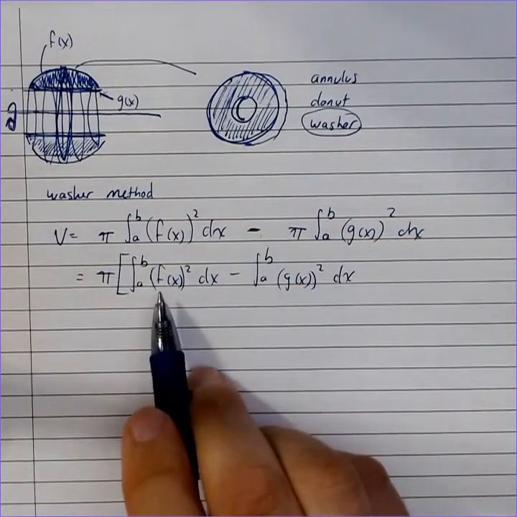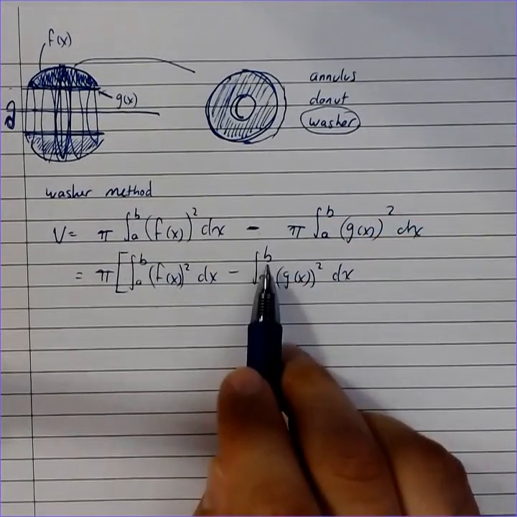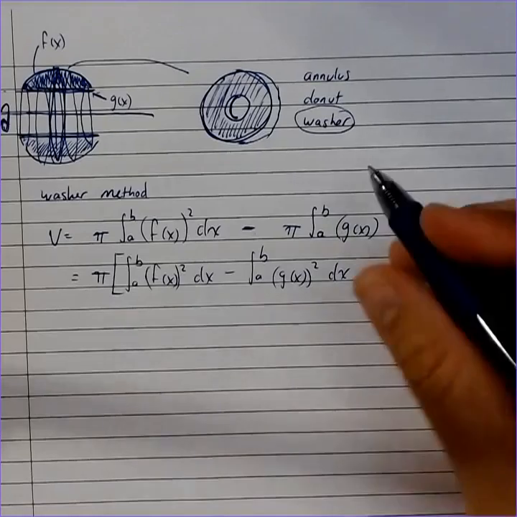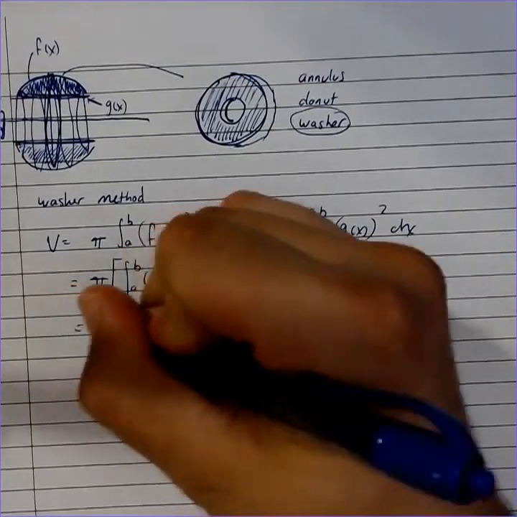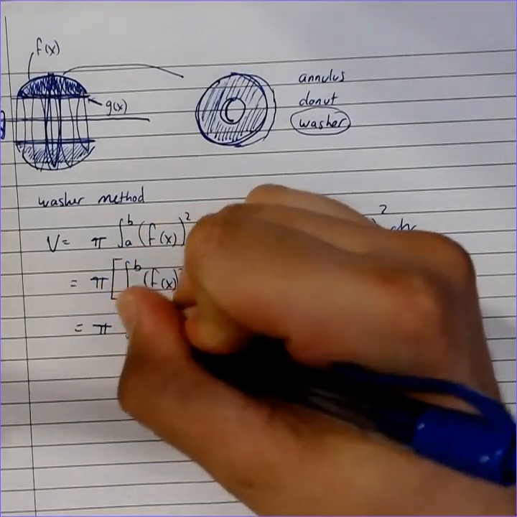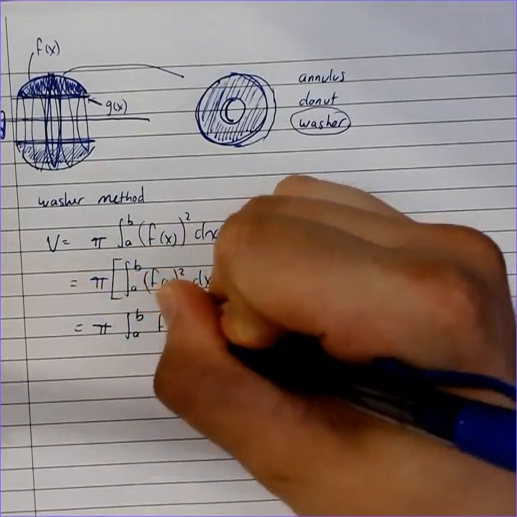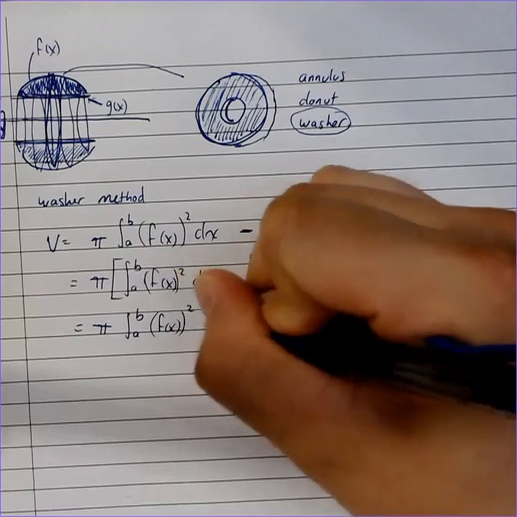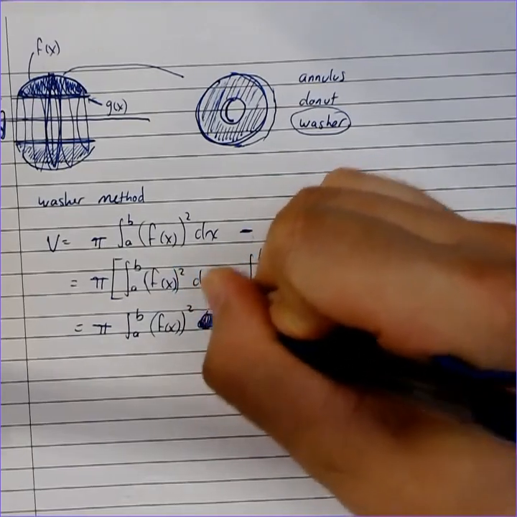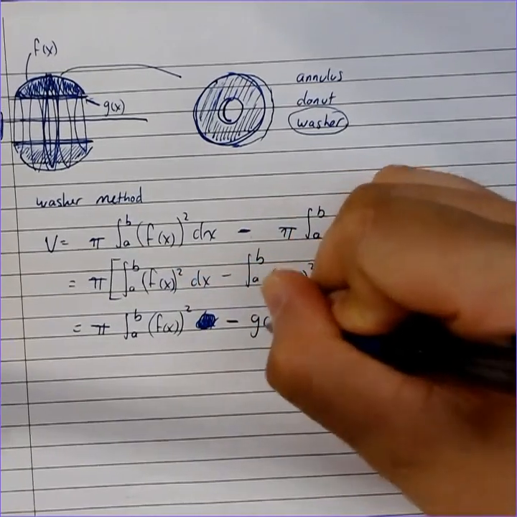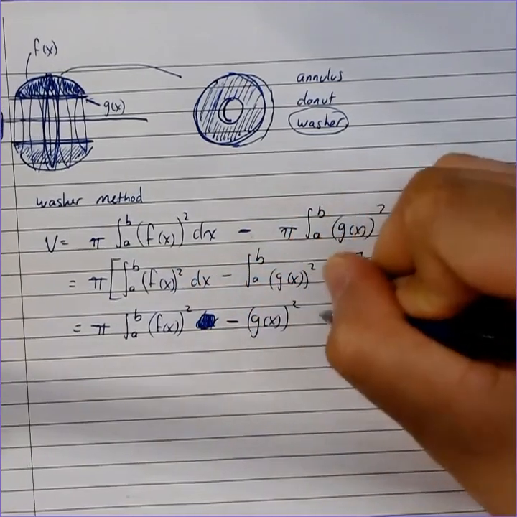And now because I have an integral over the same bounds with respect to the same variable, I can go ahead and just subtract the two integrands. So we can write this as pi times the integral from a to b of f of x quantity squared minus g of x quantity squared dx.